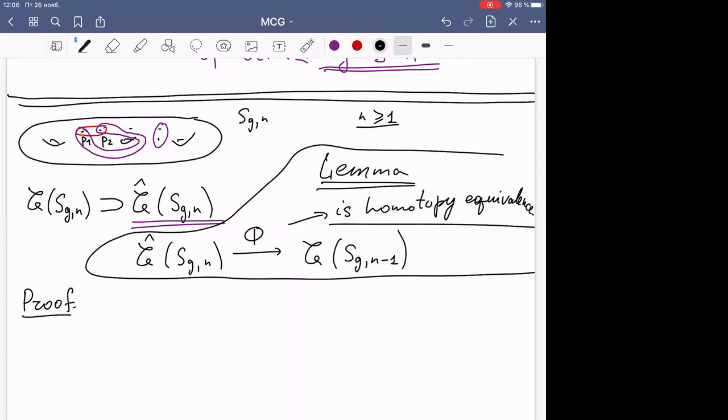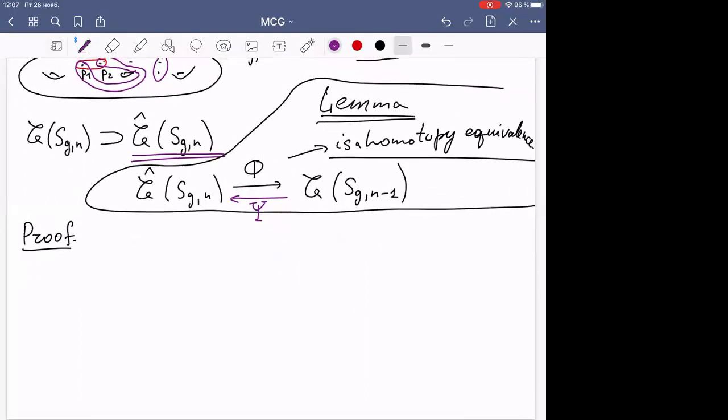Well, how does one usually prove that something is a homotopy equivalence? First, we need to construct a homotopy inverse map, and then we need to prove that it is a homotopy inverse of phi. So the construction is by a simple but very nice trick.